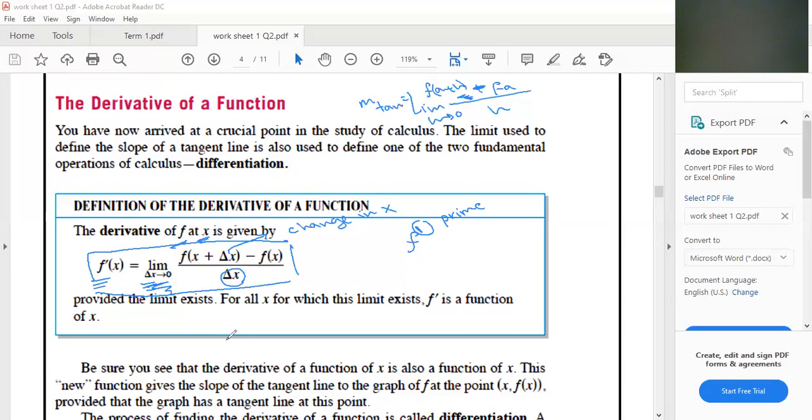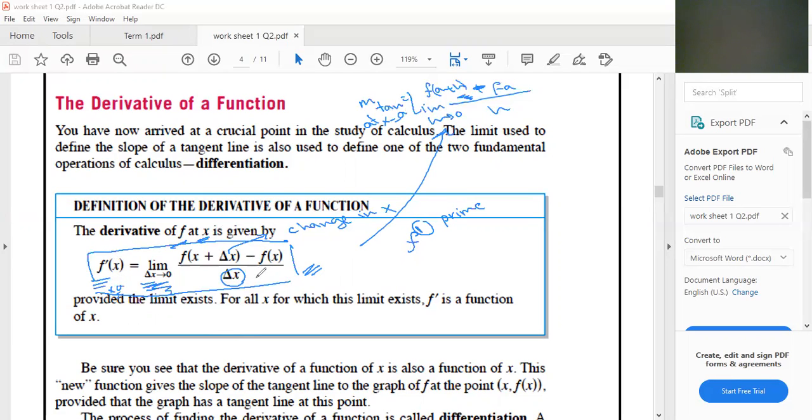If we compare this form with the slope of the tangent, I find it is the same. Here, if we'd like to find the slope of the tangent at x equals a, I have to replace x by a.